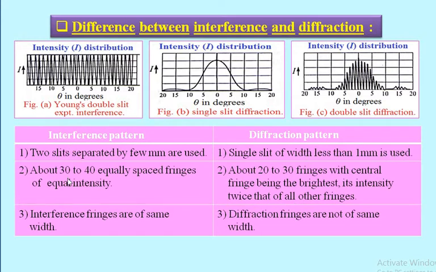In interference, about 30 to 40 equally spaced fringes of equal intensity are seen, and in diffraction, about 20 to 30 fringes with the central fringe being brightest, its intensity twice that of all other fringes. In interference, fringes are of the same width, but in diffraction, fringes are not of the same width.